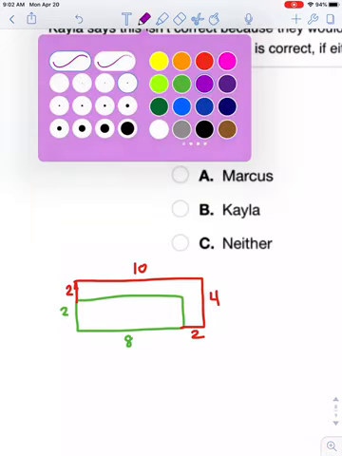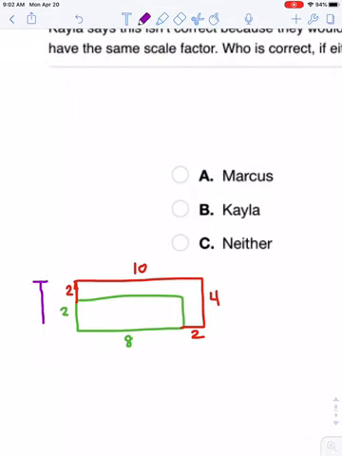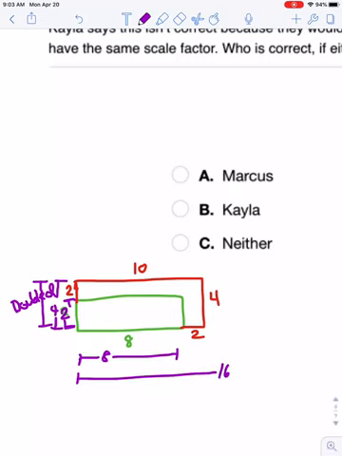So notice how this side doubled. We went from 2 to 4. Well, if that's the case, this 8 here would have to double to 16, but we only added 2. This is false. It only went all the way to 10.